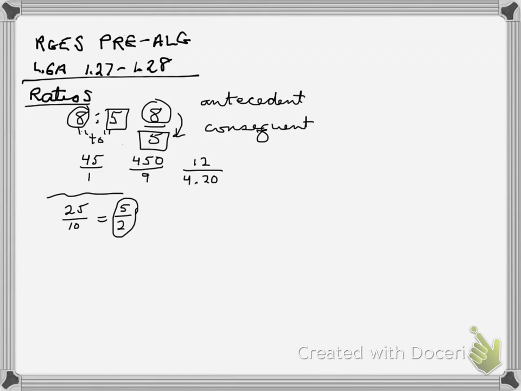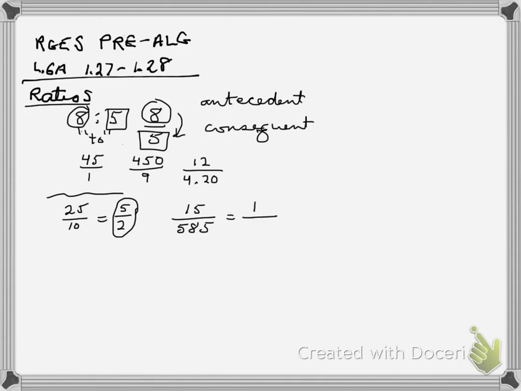Okay. The next example says, find the cost of 1 apple if 15 apples cost $5.85. So we'd have 15 over 585. That would be my ratio. And 15 goes into 585 evenly.